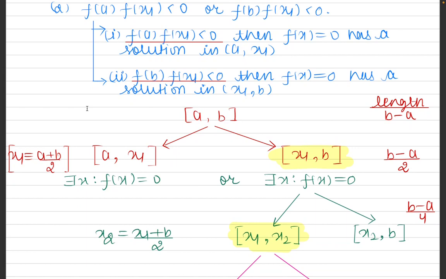So when this happens, this is your a and this is your b. It has opposite signs. So let us say this is negative and this is positive. f of a is negative. Okay, we need to draw a graph to explain it better.